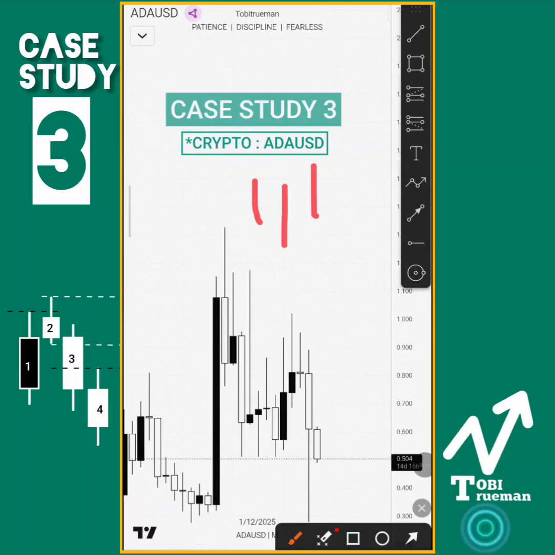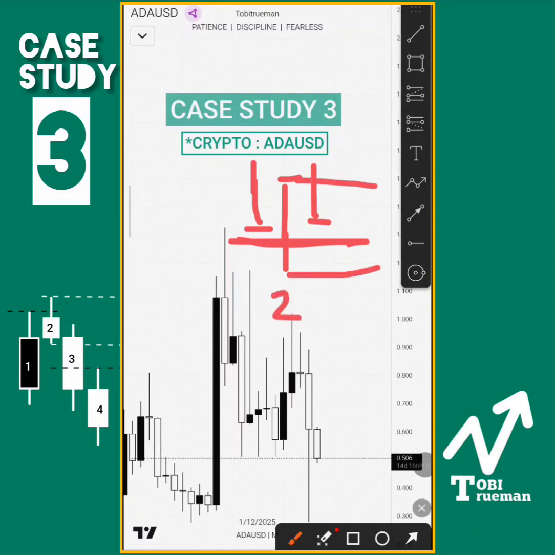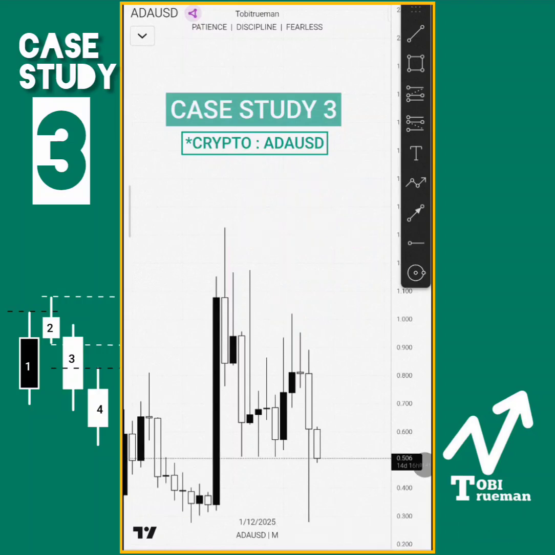Whenever we see this type of formation, where the first candlestick is taken out by the second candlestick, then the high of the second candlestick is taken out by candlestick 3, and the low of candlestick theory is just kind of within this range. With this, we can consider the middle candlestick, candlestick 2, as kind of our demand zone or supply zone. I've explained all this in the videos on my channel.